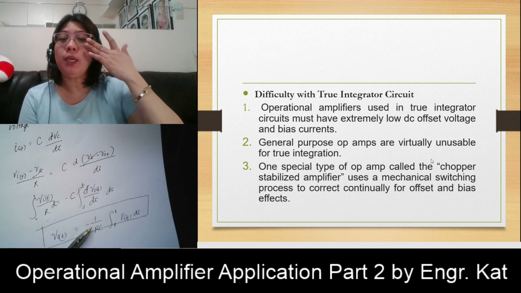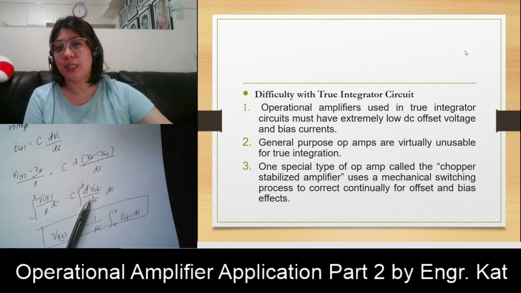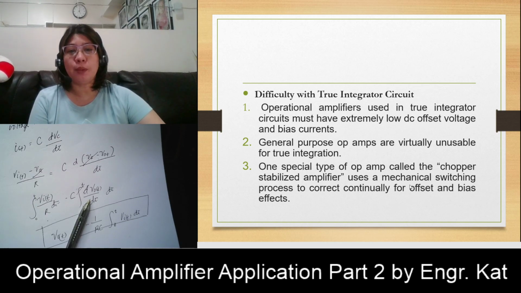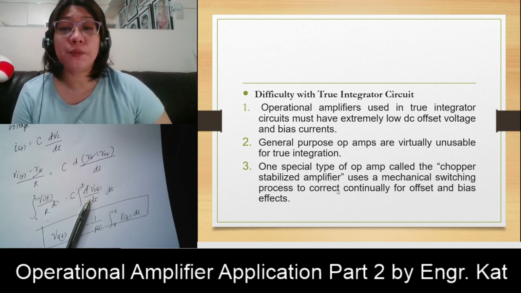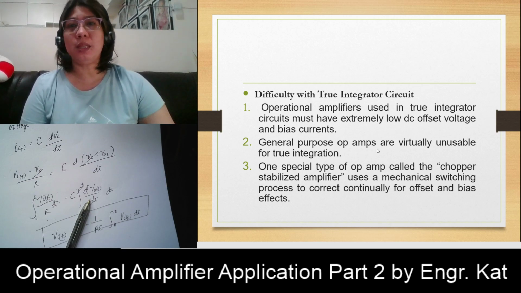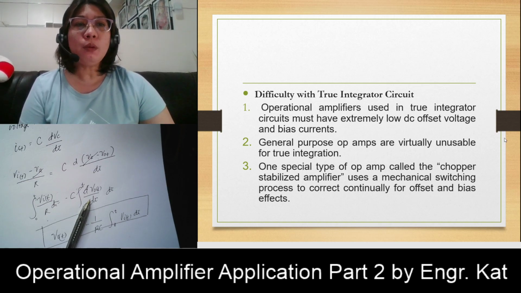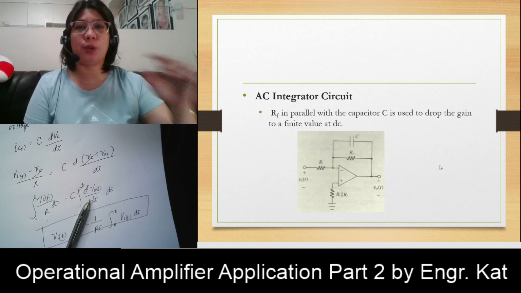But we can have one special type of op amp, called a chopper stabilized amplifier, which uses a mechanical switching process to correct continually for offset and bias effects. To eliminate these difficulties, what we do is we have an AC integrator instead.